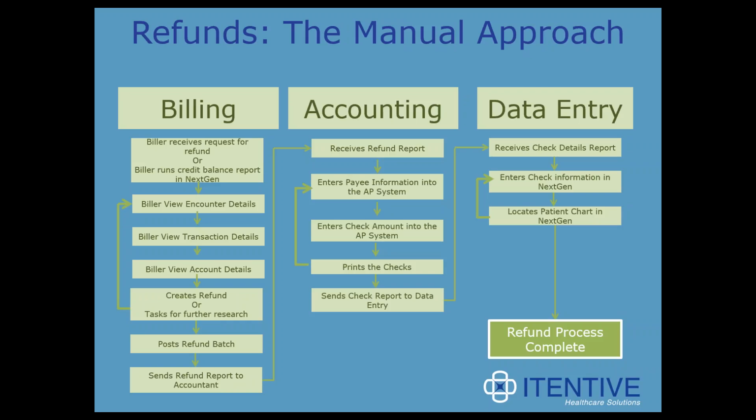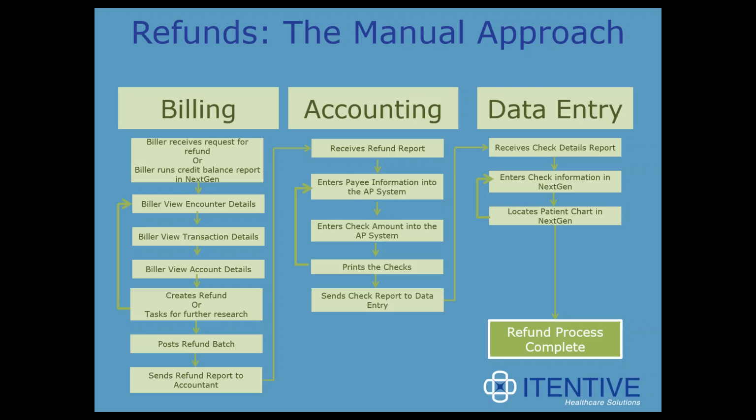So if you're sitting down and have to go through 250 credit balances, you're going to go through 4 steps for each one of those to decide what to do with it. So you're going to go through 1,000 steps to get through those 250 credits.